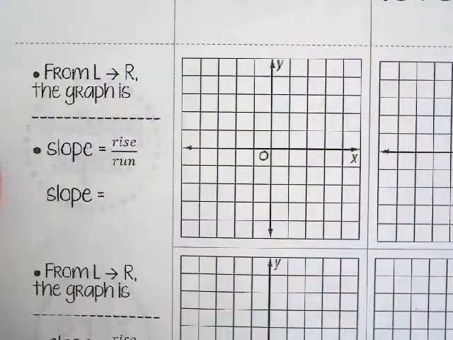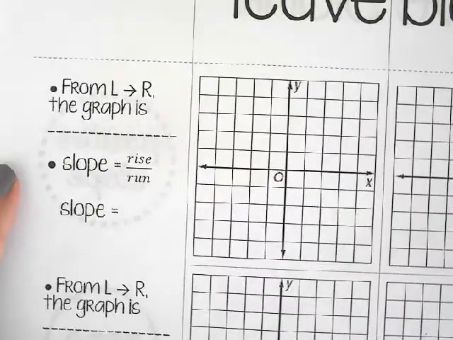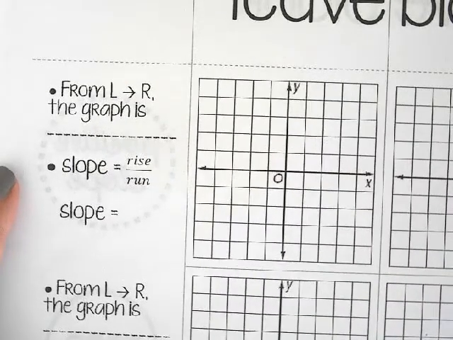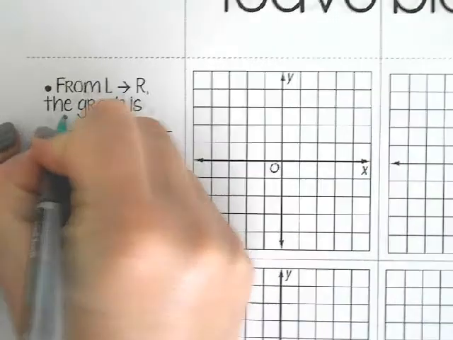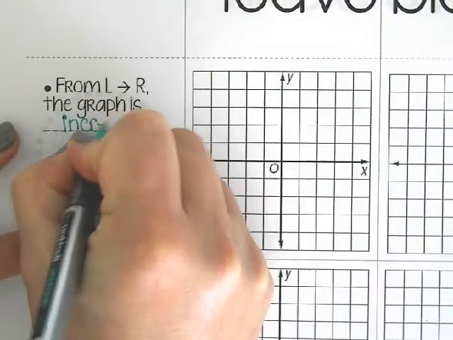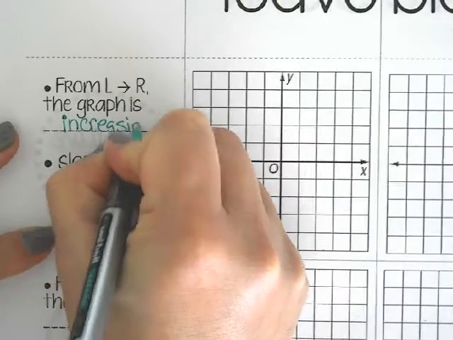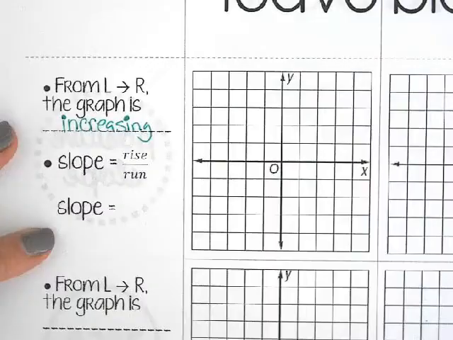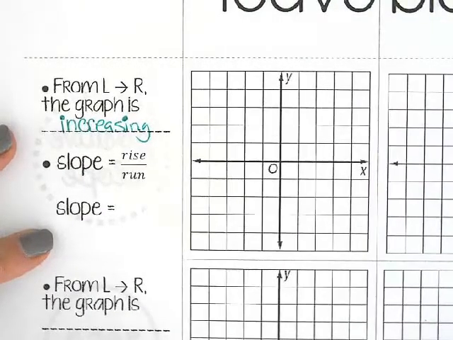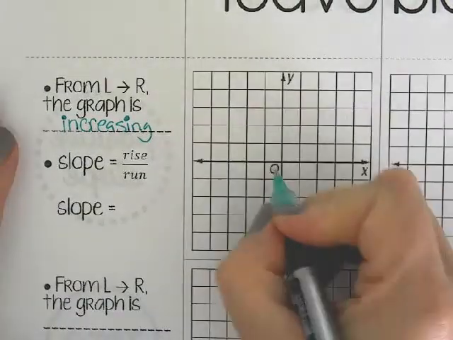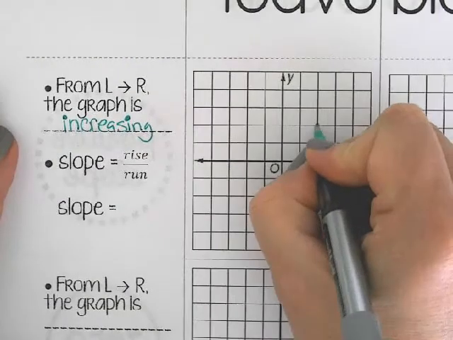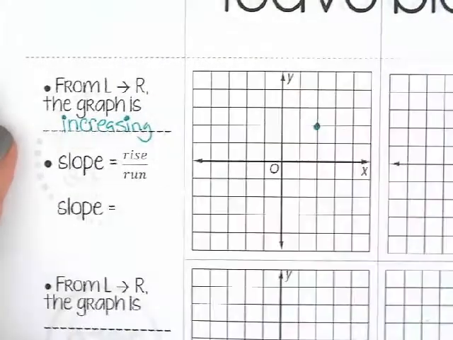So on the first one, it says from left to right, the graph is increasing. So we're going to write the word increasing. I'm going to pick 2 points. So I'm going to pick point 2, 2. So that means I go over 2 and go up 2.